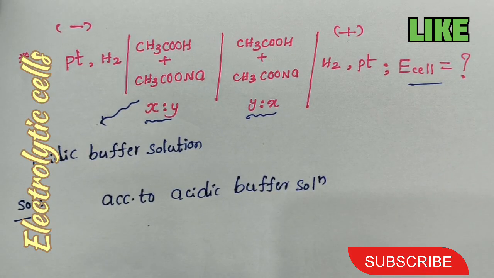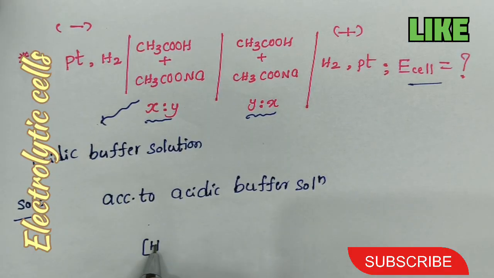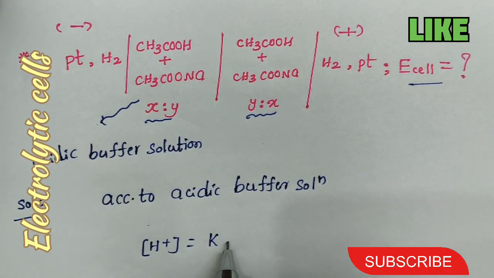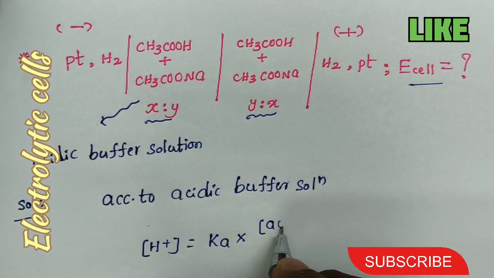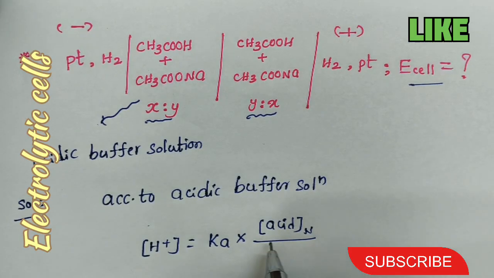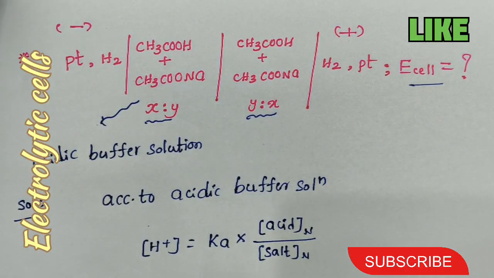H plus ion concentration is equal to Ka into concentration of acid by concentration of salt. N represents normality relations only.